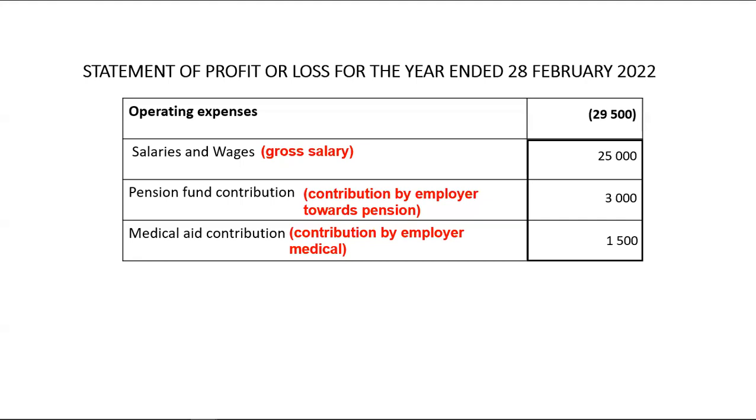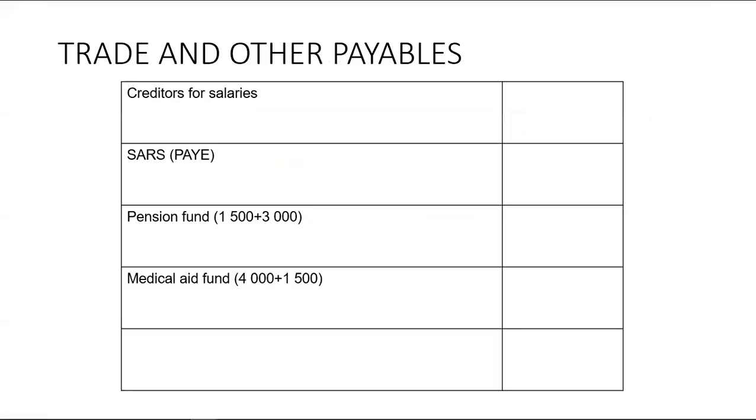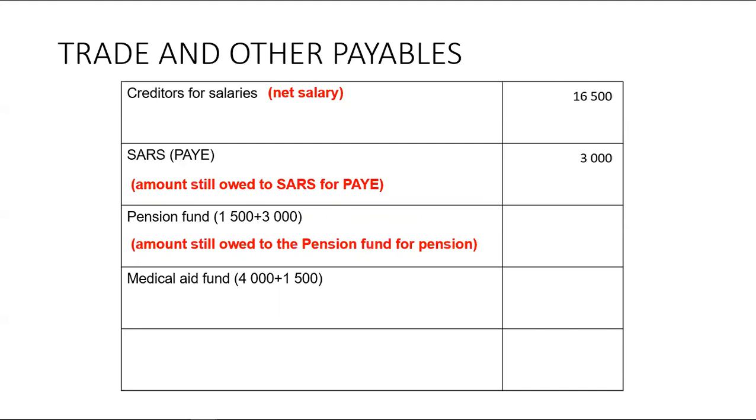Then in trade and other payables, we will start with creditors for salaries, which is the net salary of an employee. We still owe it to Mnguni. And to SARS, we owe 3,000 rand. And for pension fund, it'll be 4.5, which is what was deducted from the employee salary plus what we contributed towards the pension. So in total, towards the pension fund, we owe 4,500.